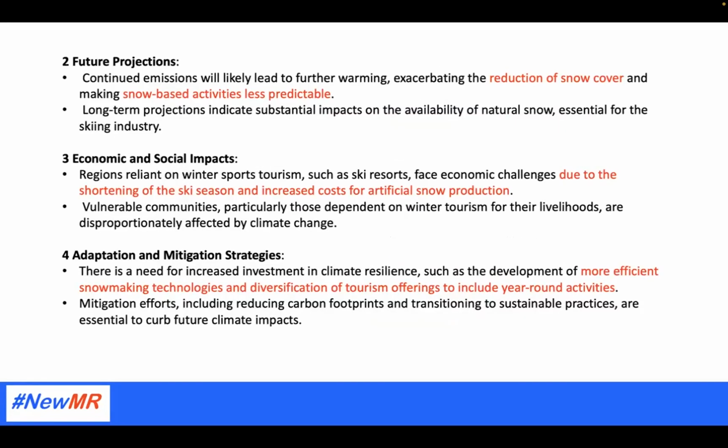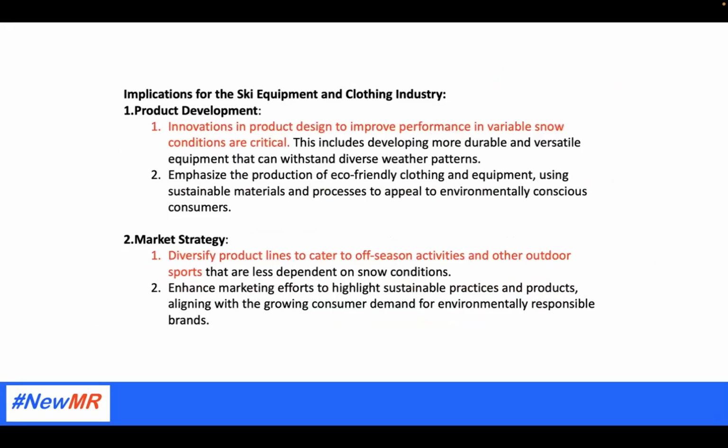Future predictions, reduction of snow cover, snow-based activities are going to be less predictable. Shortening of the ski season, increased costs for artificial snow production. That's quite intelligent that it's thinking about things like the snow production. Increased investment in climate resilience, more efficient snowmaking technologies, diversification of tourism offerings to include all year round activities.